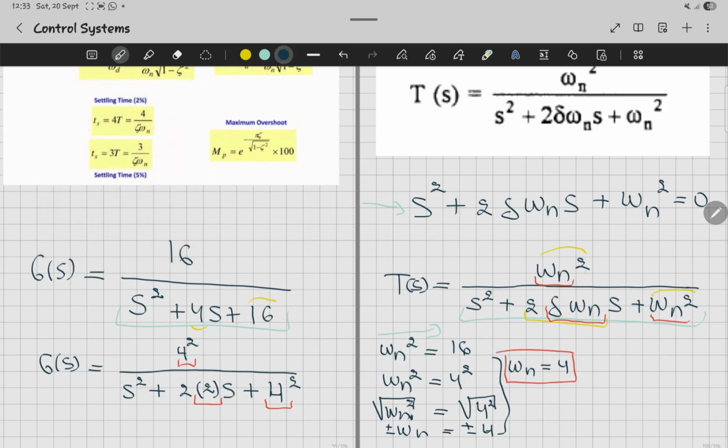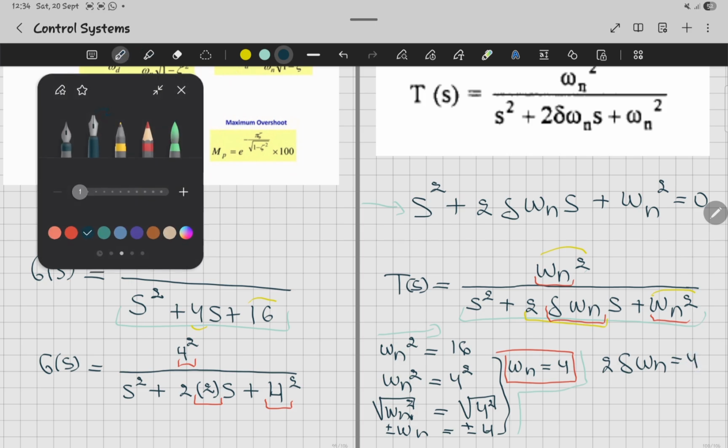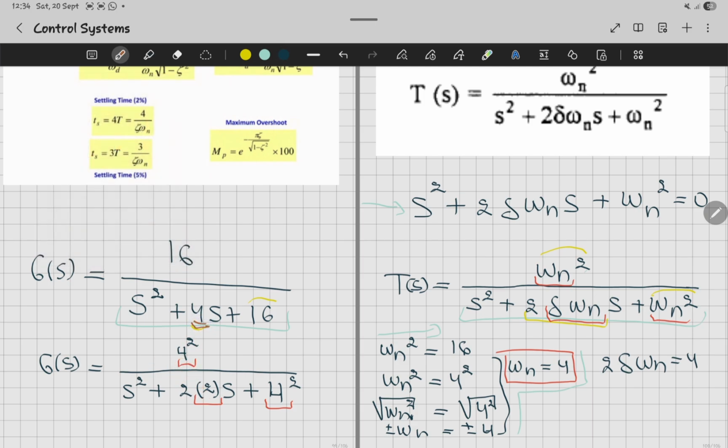So what about this? We do know that 2 zeta wn will be equal to 4. This is just to show you this block here. So 4 is actually equal to all of this here.